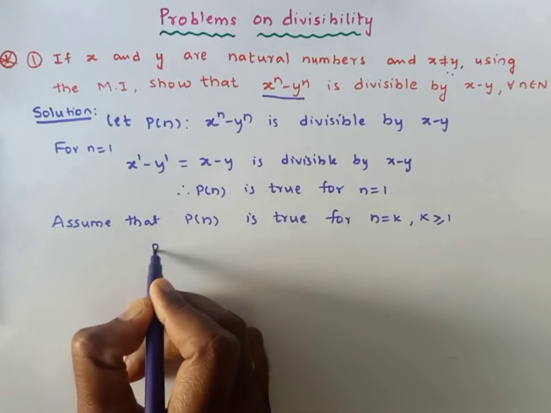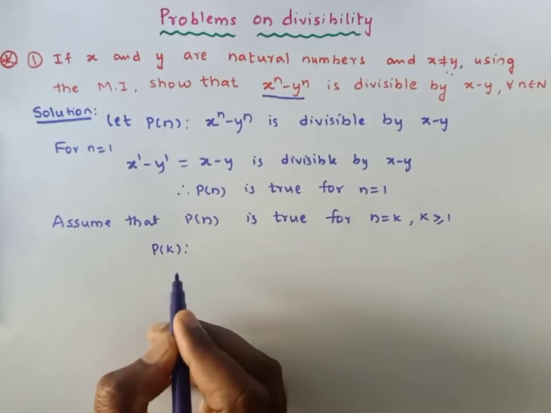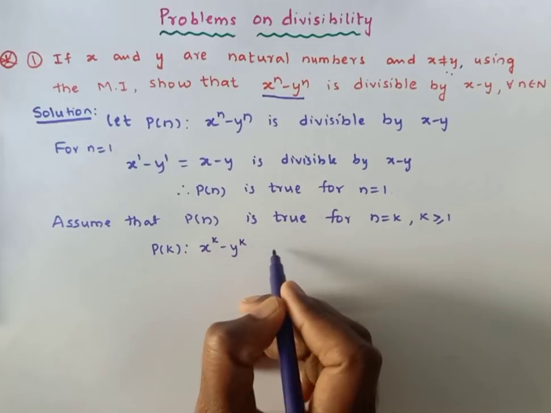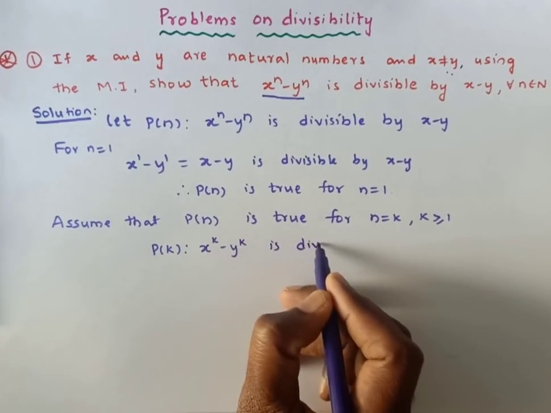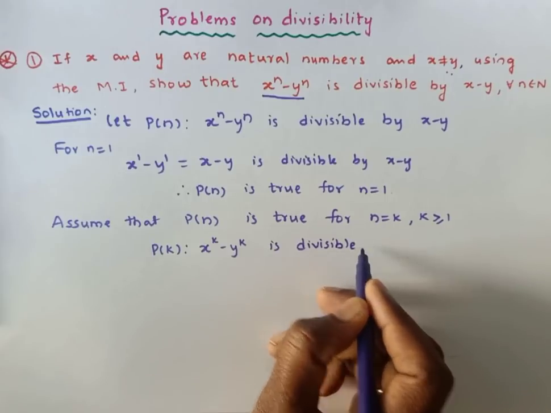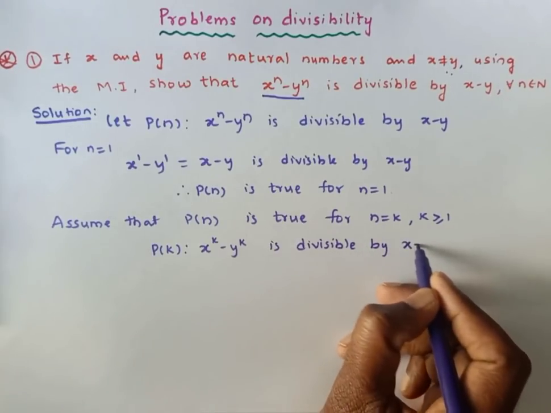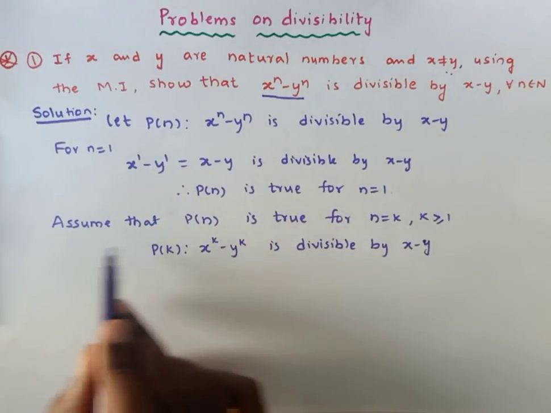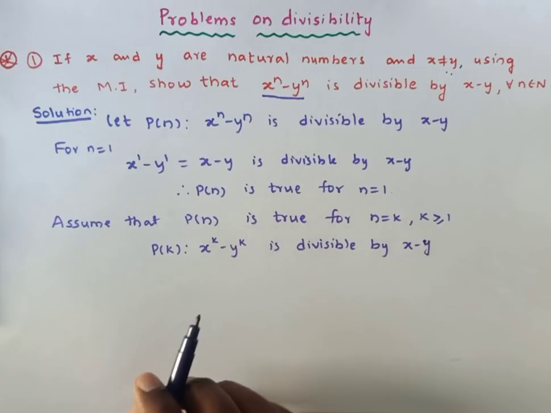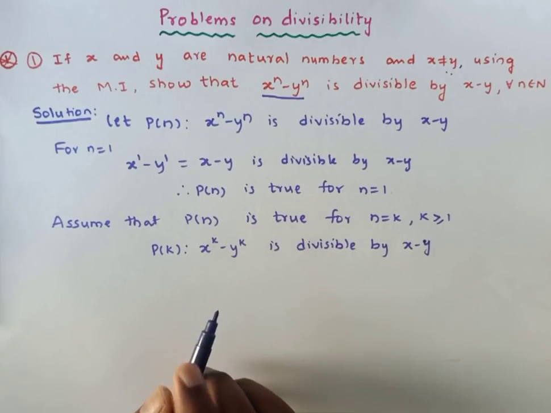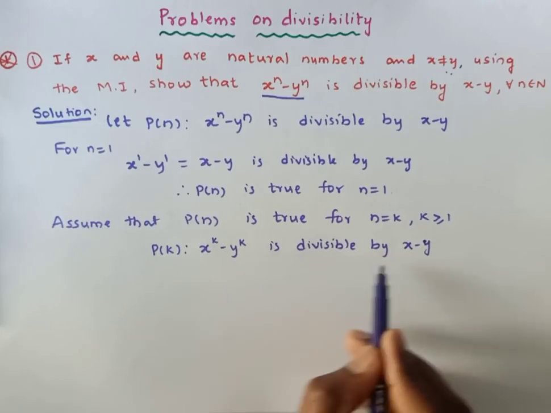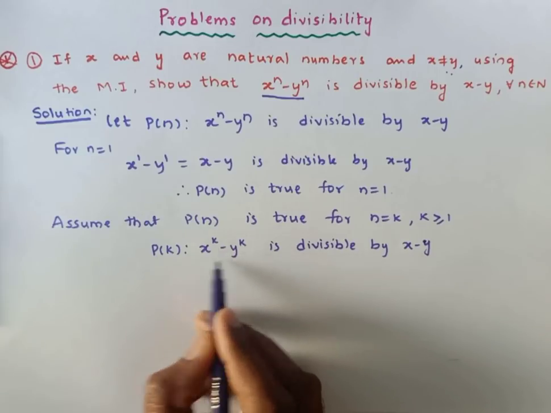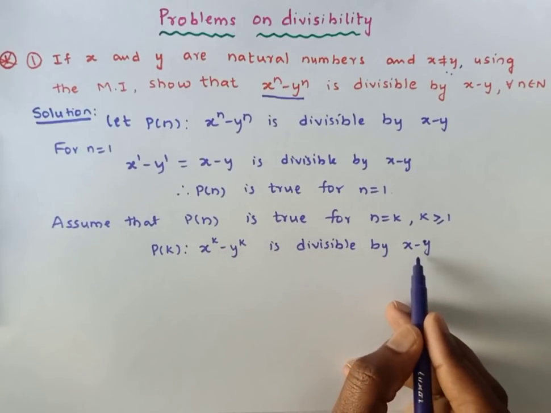So the given statement becomes p of k: x to the power of k minus y to the power of k is divisible by x minus y. Here we are assuming that the statement is true for n equals k.